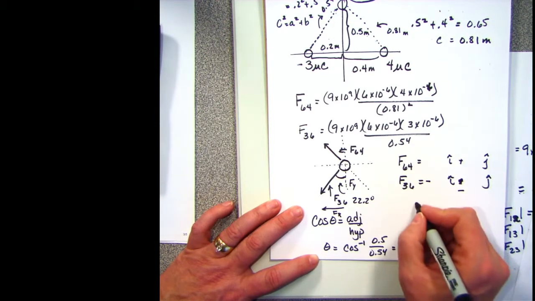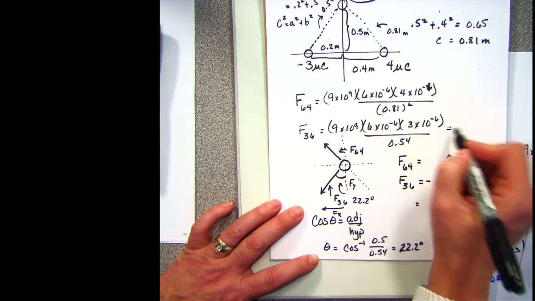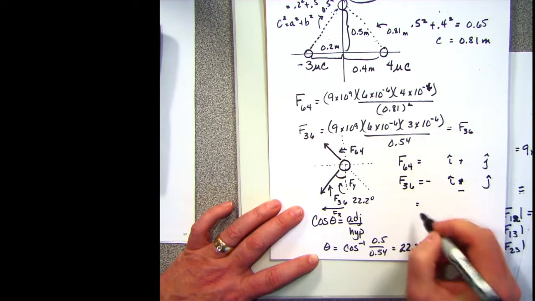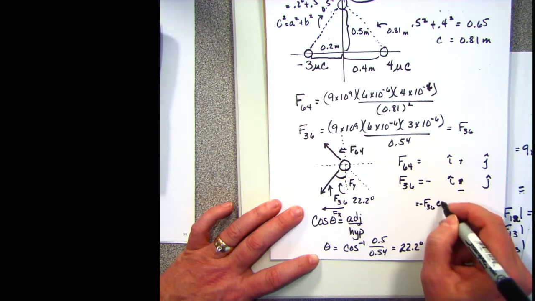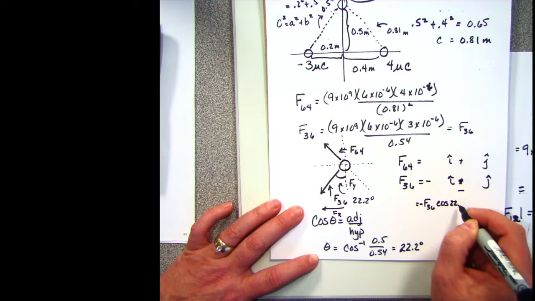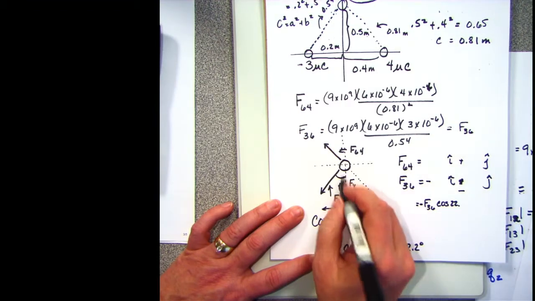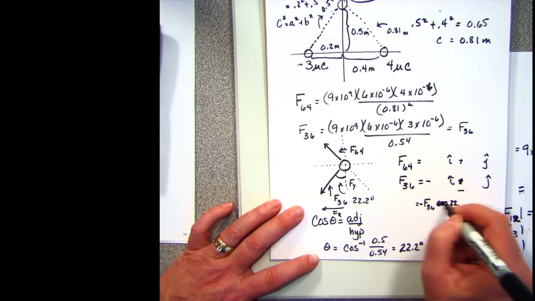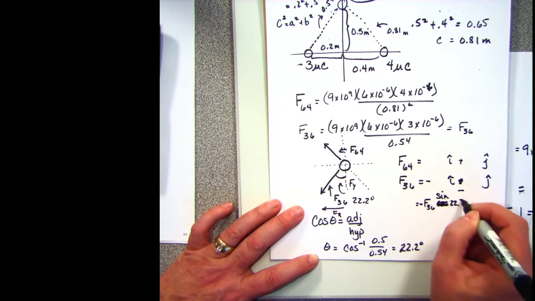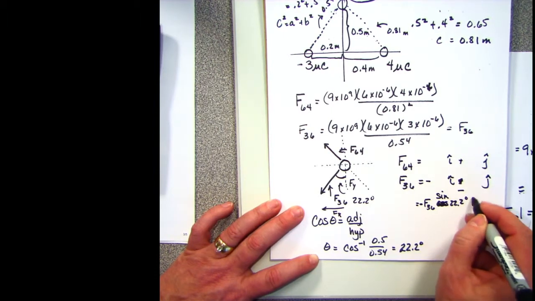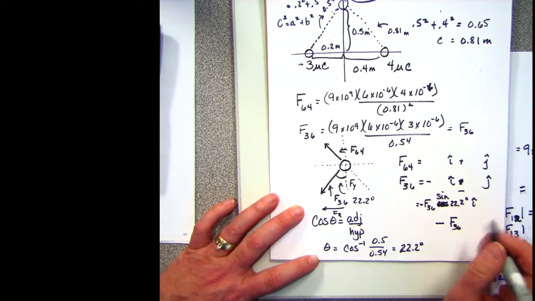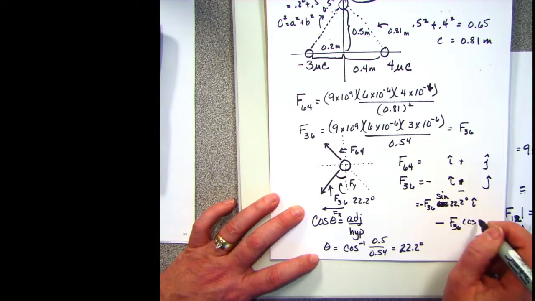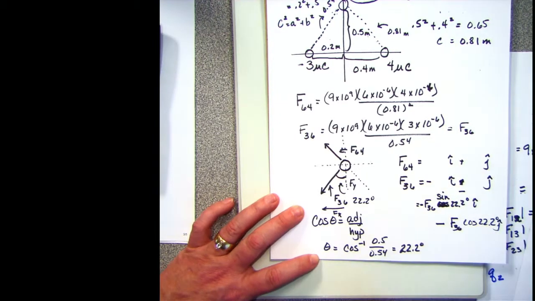So I'm going to write the magnitude of 3,6 times, nope, it's going to be opposite. It's going to be sine 22.2 degrees in the I direction, minus F36 cosine of 22.2 degrees in the j direction.